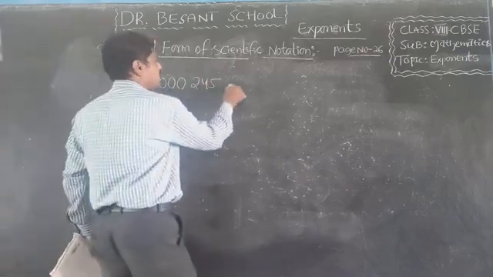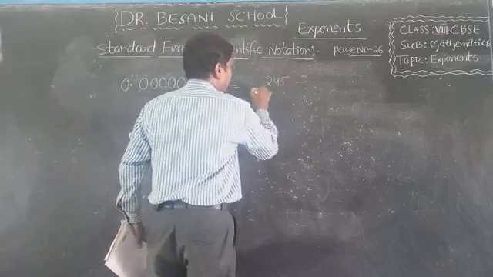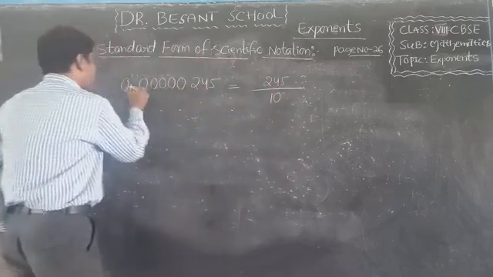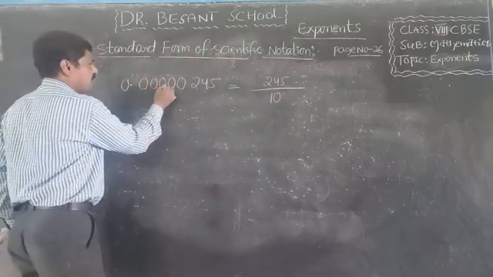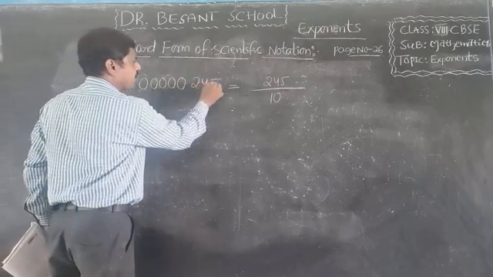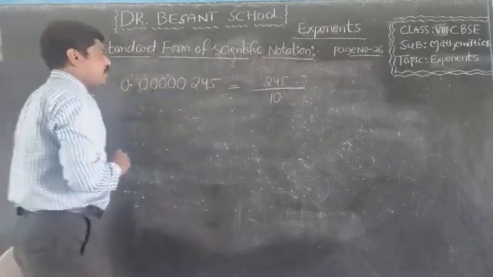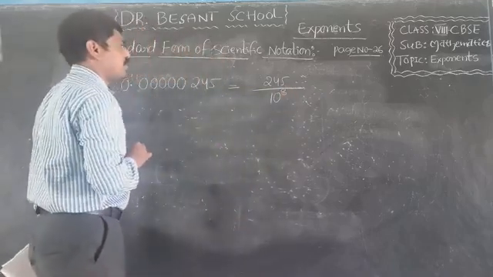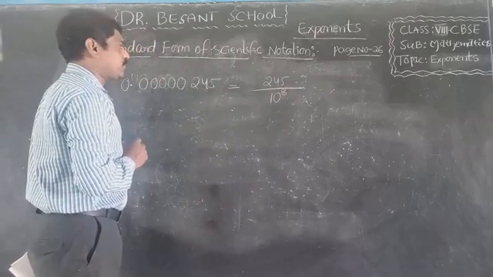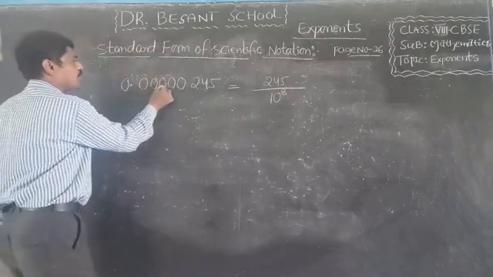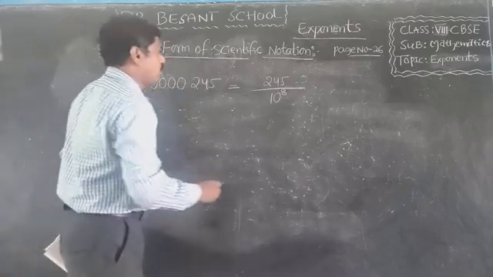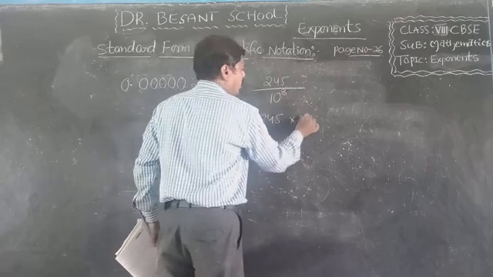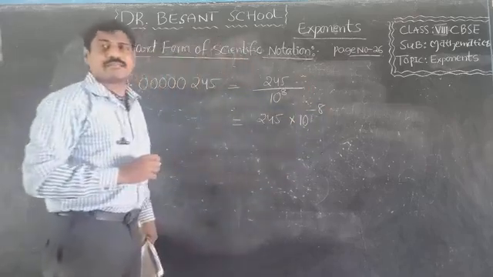So this one is equal to 245 by 10 to the power of... See, after decimal how many digits are there? 1, 2, 3, 4, 5, 6, 7, 8. So that is 10 to the power of 8. Now that is equal to 245 into 10 to the power of minus 8.